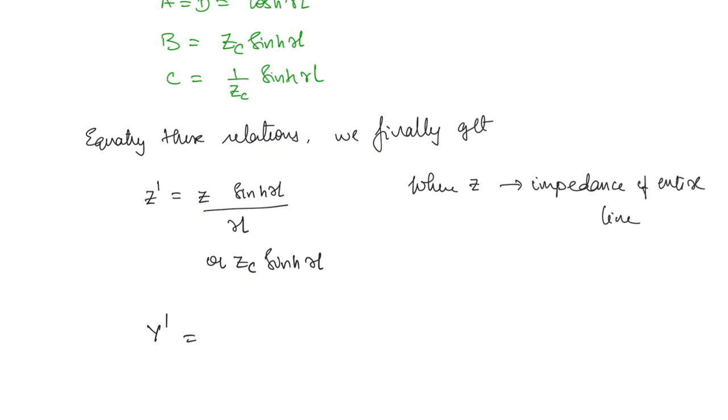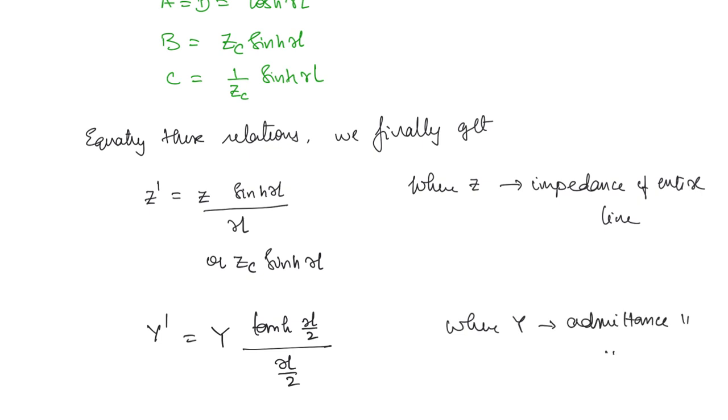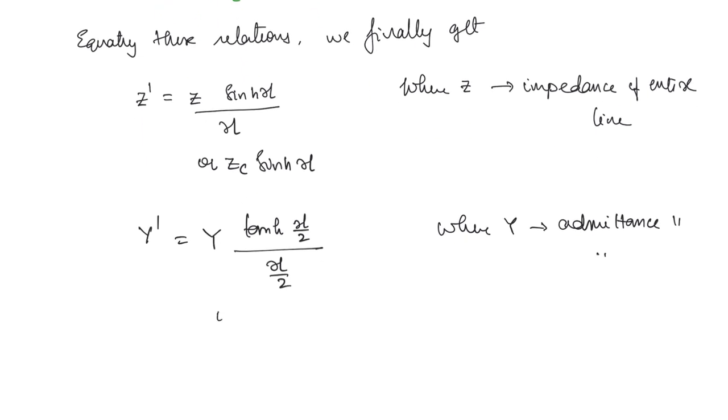This is going to be Y into tanh of gamma L by 2 divided by gamma L by 2, where Y is the admittance of the entire line. Or you can also write in terms of the characteristic impedance as 2 tanh of gamma L by 2 divided by ZC.